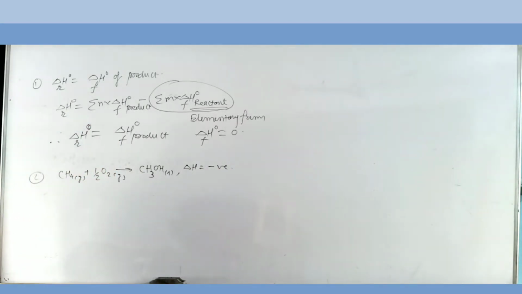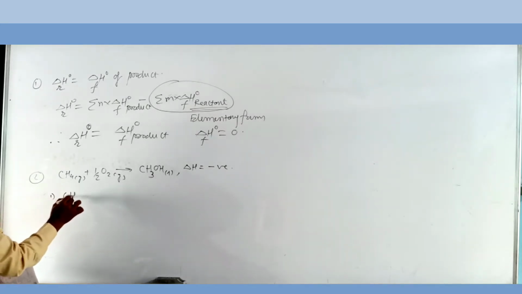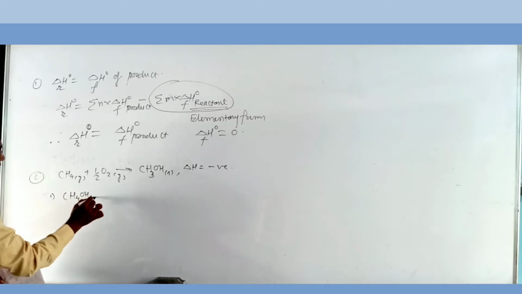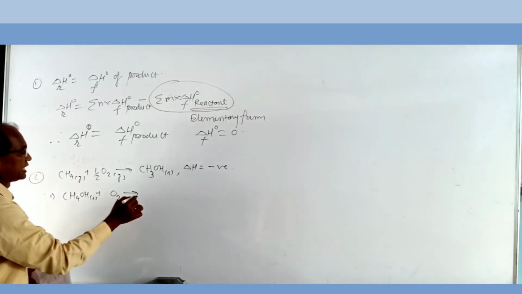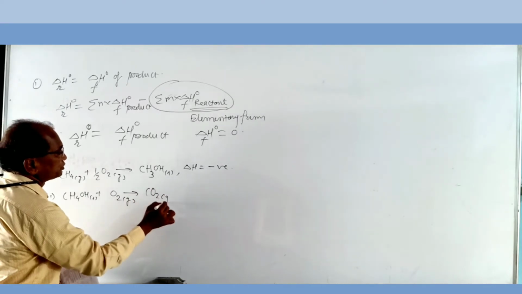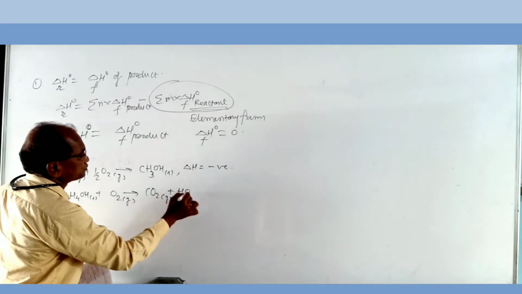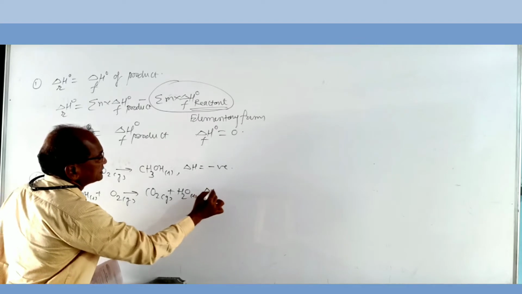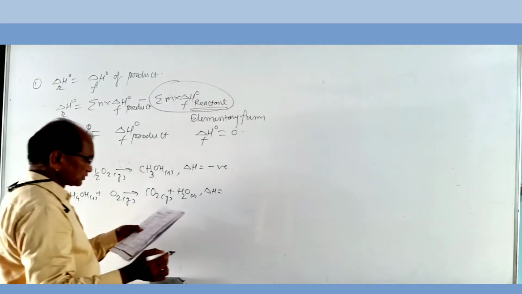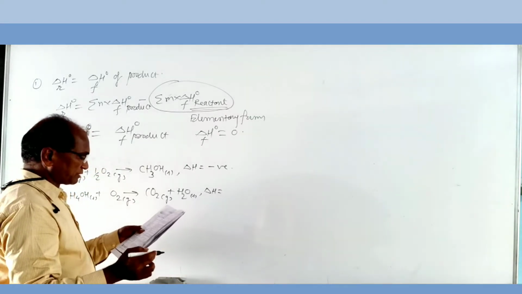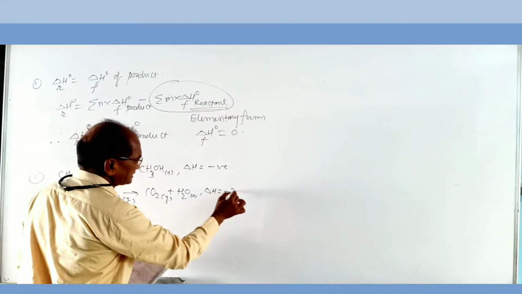If enthalpy of combustion of CH4, first equation, CH4 gas, combustion takes place in presence of oxygen, formation of CO2 gas plus H2O liquid. Delta H is the enthalpy of combustion of CH4, it is always negative.